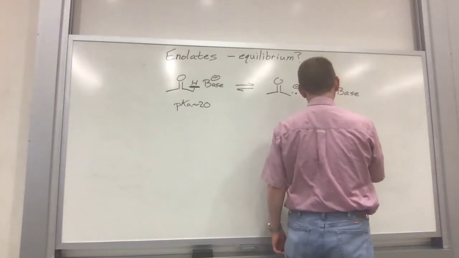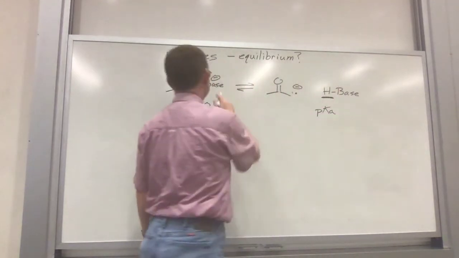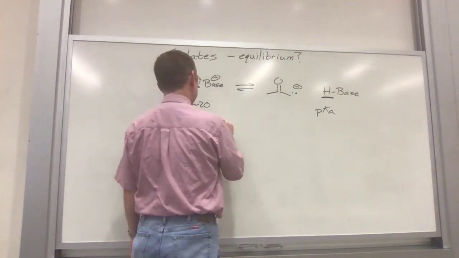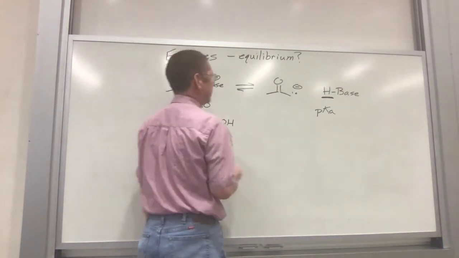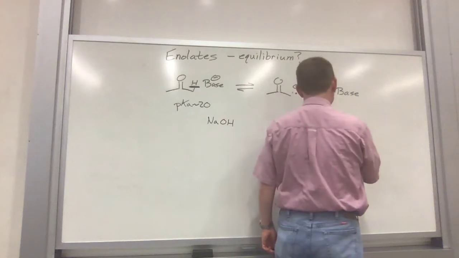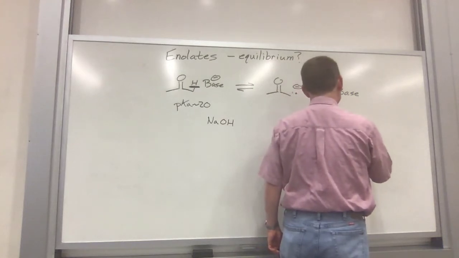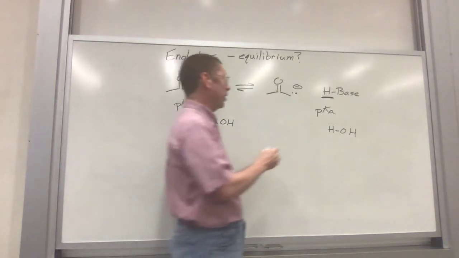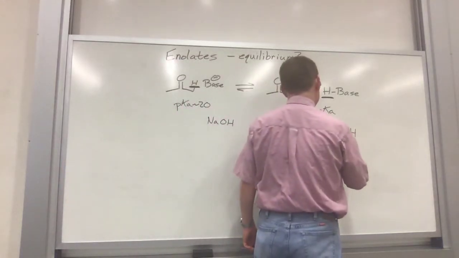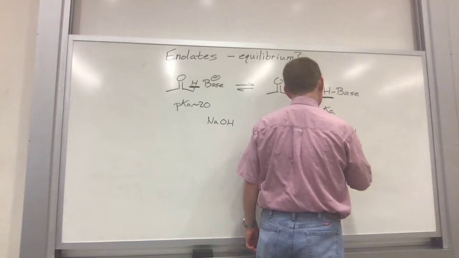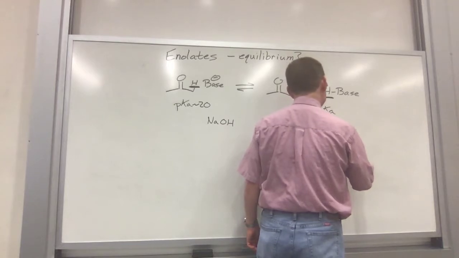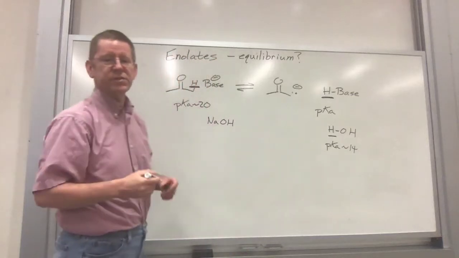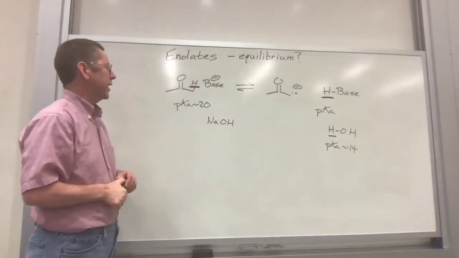So if we're imagining that we're using as a base something like sodium hydroxide, well, the conjugate acid of our base is water. The pKa of water is somewhere around 14, 15. Let's call it 14, just for right now.